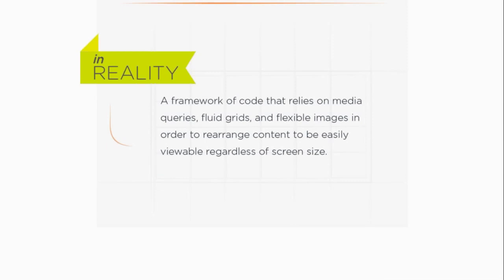In reality, responsive design is a framework of code that relies on media queries, fluid grids, and flexible images in order to rearrange content to be easily viewable regardless of screen size. It says basically the same thing, but a little bit more complicated, right? Because responsive design is. And we're going to get into it right now.